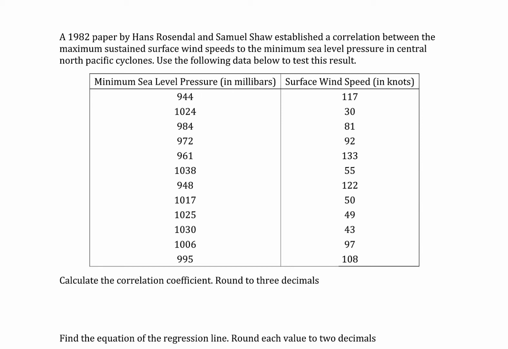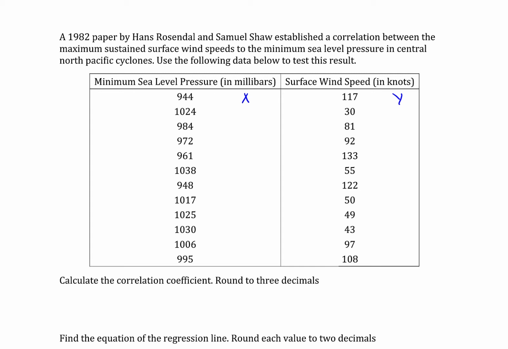You can generally just assume that the first data set is your independent variable x, and the second set of data is your dependent variable y. And I would say this is probably accurate here because you can measure the sea level pressure and try to predict what the surface wind speed is going to be based off of that.